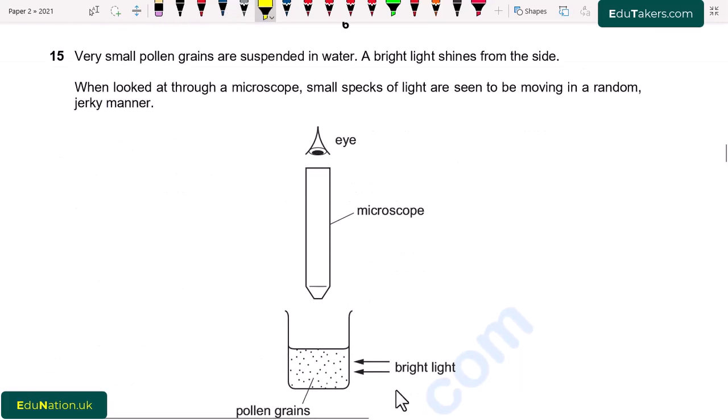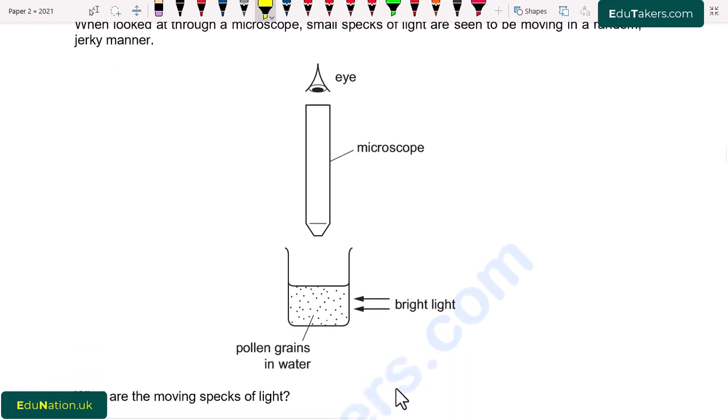Next, question number 15. Very small pollen grains are suspended in water. A bright light shines from the side. When looked at through a microscope, small specks of light are seen to be moving in a random, jerky manner. So here is a figure.